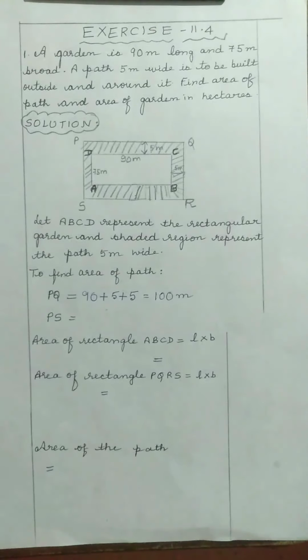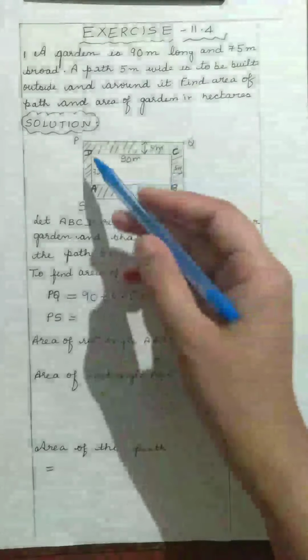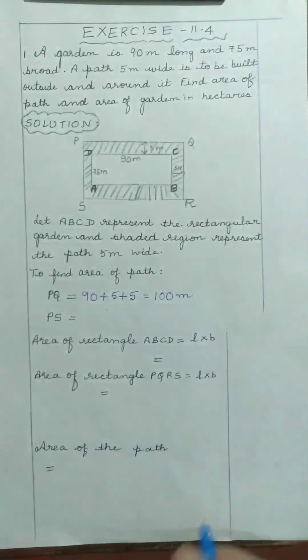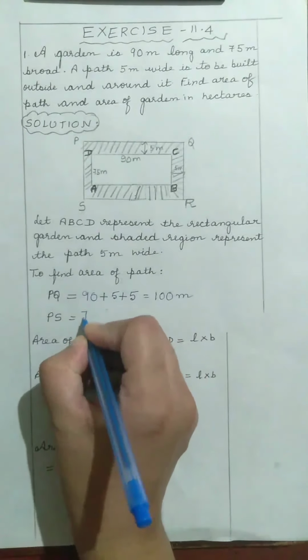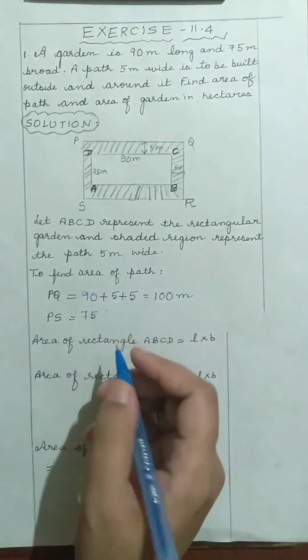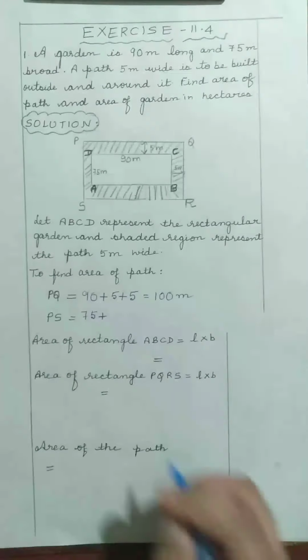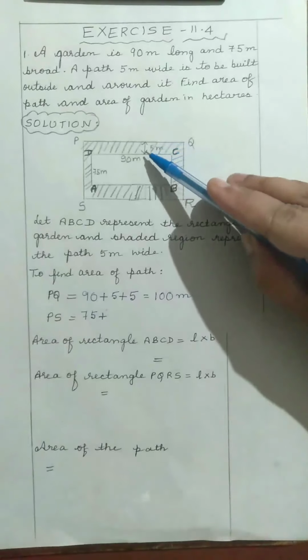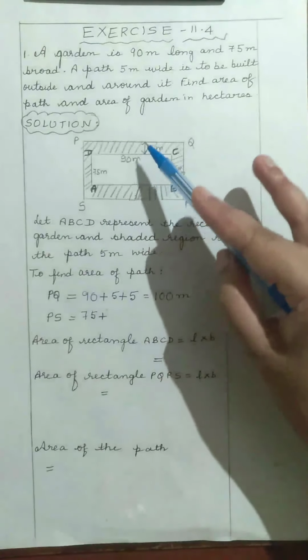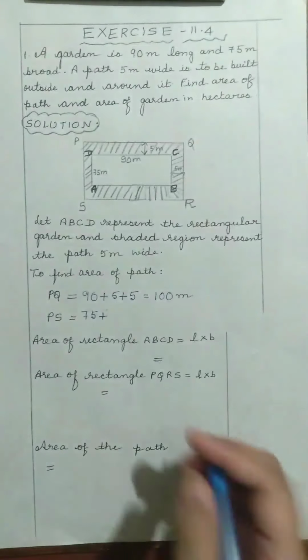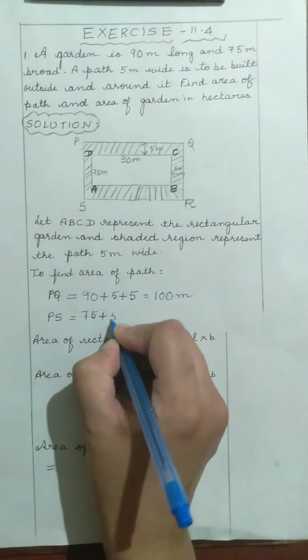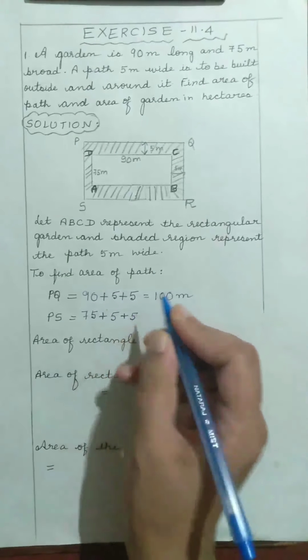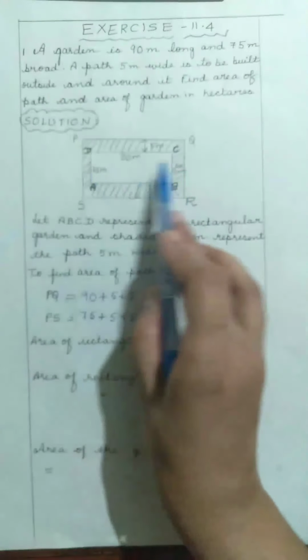So, while calculating the breadth, consider the breadth of the rectangular garden ABCD, where the breadth value is equal to 75 meter. Consider that 75 meter plus, again take this 5 meter wide path, again consider it twice. Therefore, 75 plus 5 plus 5, because both of these measurements you have to take.